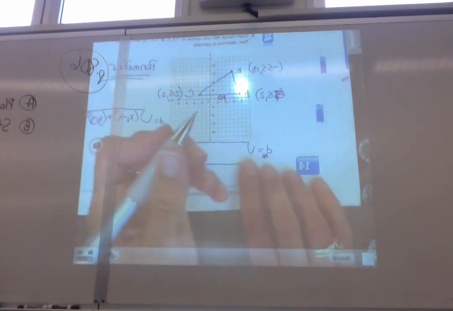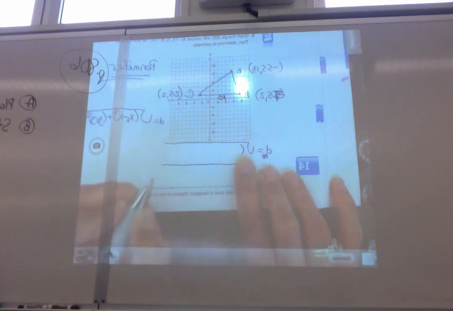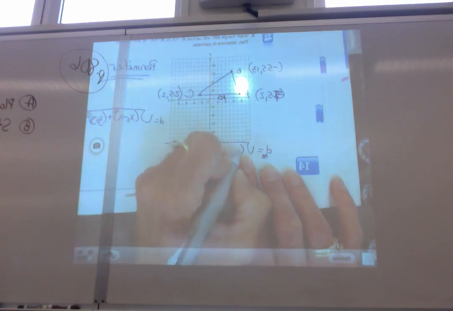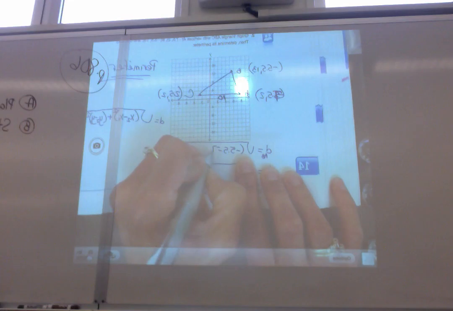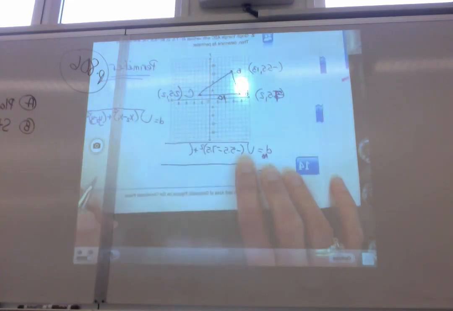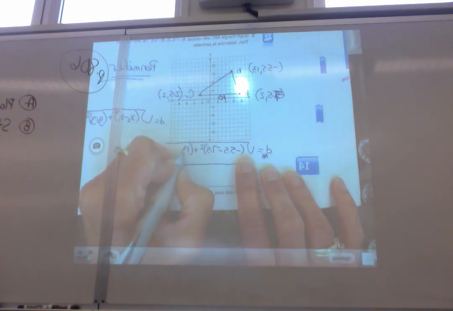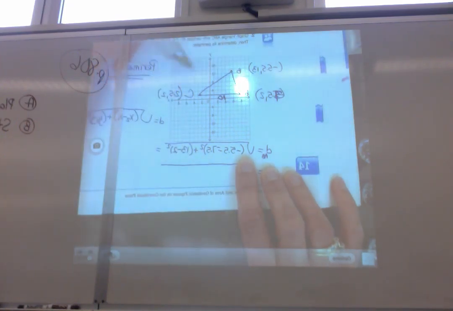Jerry, what do you have? Negative 5.5 minus negative 7.5, squared, plus 13 minus 2, squared.